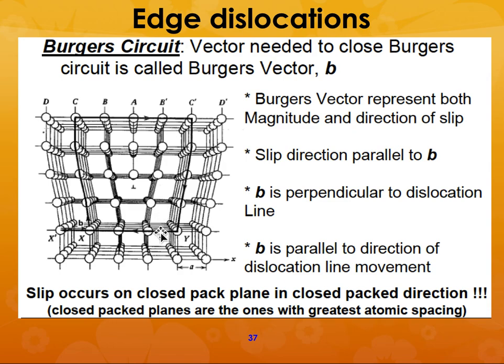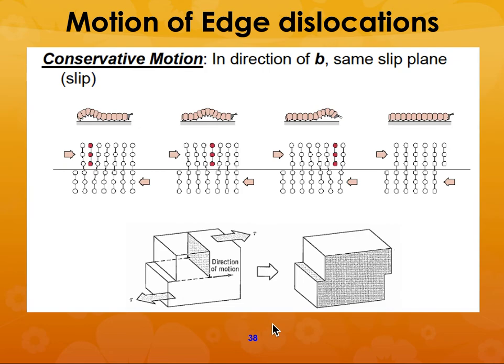And that happens because you need the least amount of force in order to move those blocks of atoms. So we saw this picture in an earlier image. In order to move this block from one side to another, you need to apply a force, and that theoretical force is called Peierls stress.